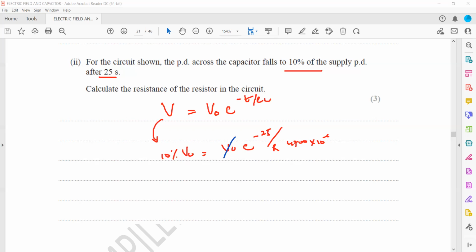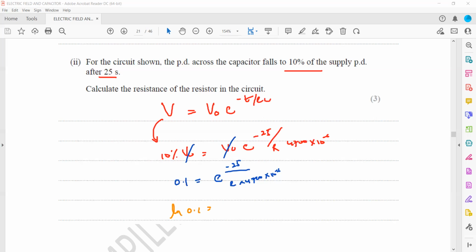When we simplify, V naught will cancel with V naught. It will be 10 divided by 100, that is 0.1, equal to e raised to the power minus 25 over R into 4700 into 10 to the power minus 6. We'll take ln on both sides.